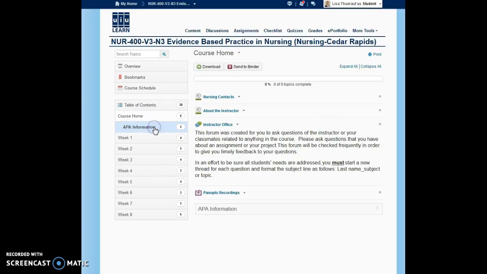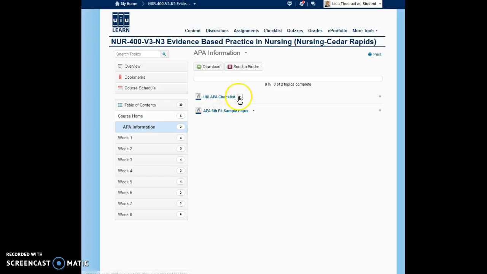Under the course home, there's the APA information, a checklist for you to use in a sample paper. You will be writing a paper in this course, so it is really important that you have a good foundational understanding of APA. Not everybody's an expert in APA, even I'm not, so I still have to consult my book quite a bit. So that's the importance of having that 6th edition book.